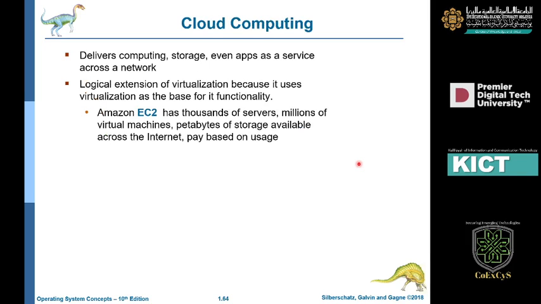Okay, today we also have cloud computing. Basically, we have servers and everything virtualized into a system, into a server provided by big companies like Amazon, Microsoft Azure, and even Google Cloud, right?